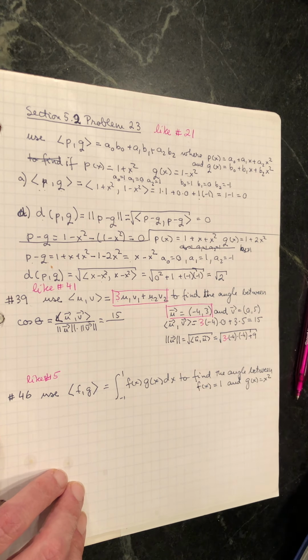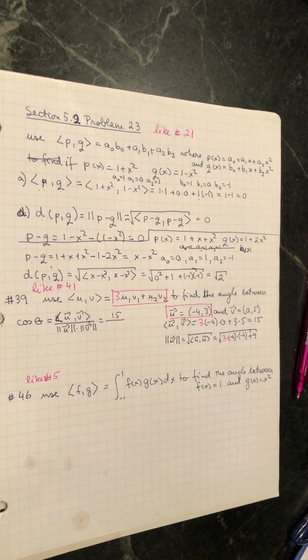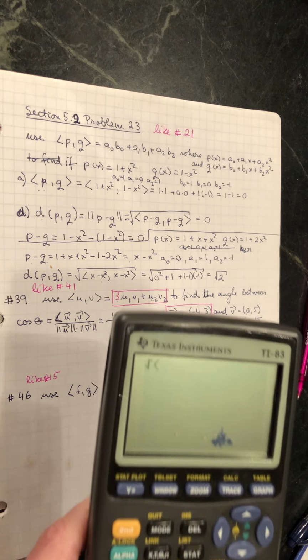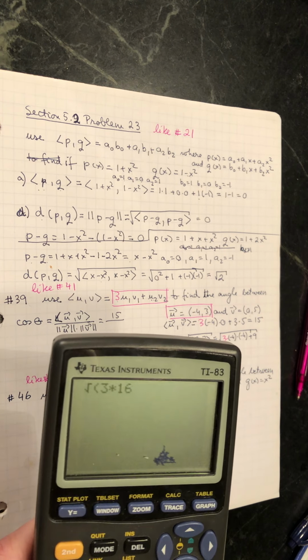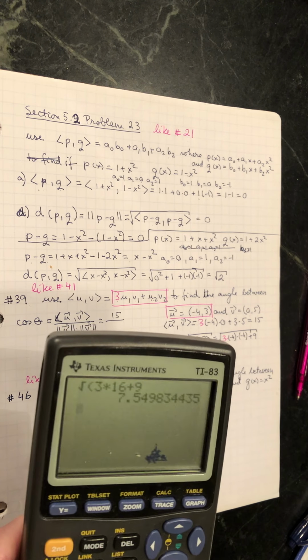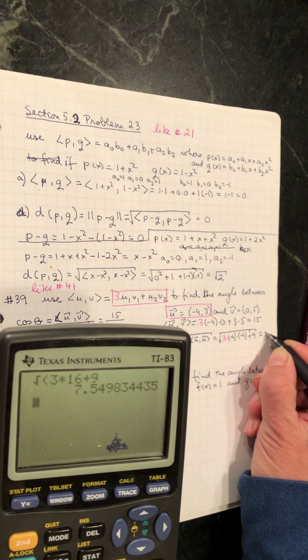So 16 times 3, now let's see, the square root of 3 times 16 plus 9. So this is going to be about 7.55.